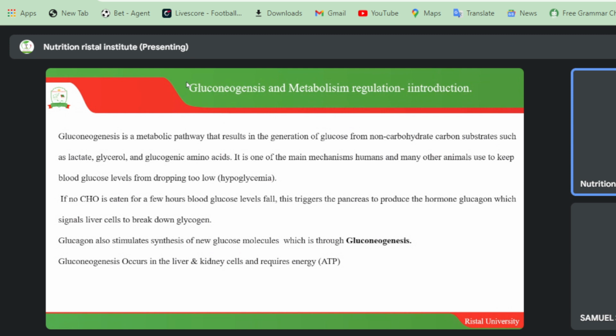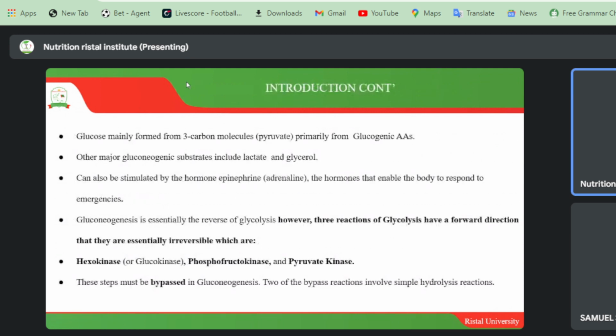Your body will need to tap into other sources of energy, which we call the secondary sources of energy. The primary sources are basically carbohydrates. And then when you look at where this process occurs, gluconeogenesis occurs majorly in the liver and the kidney cells. And this process as well requires energy for it to take place. So glucose is mainly formed from 3-carbon molecules, that is pyruvate, which we saw during glycolysis.